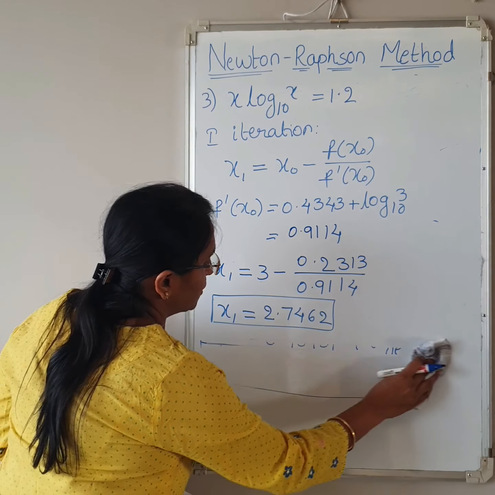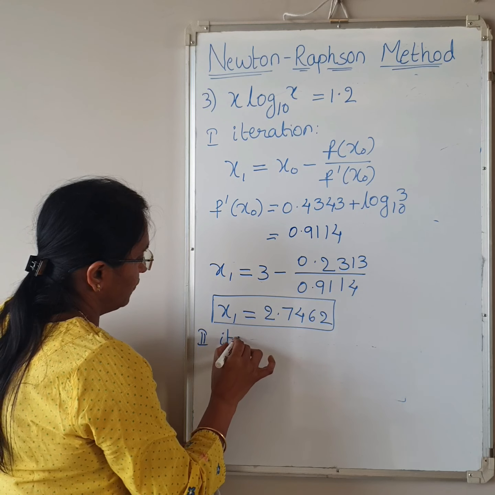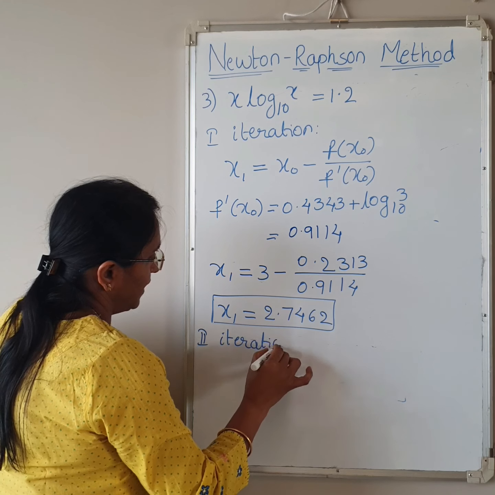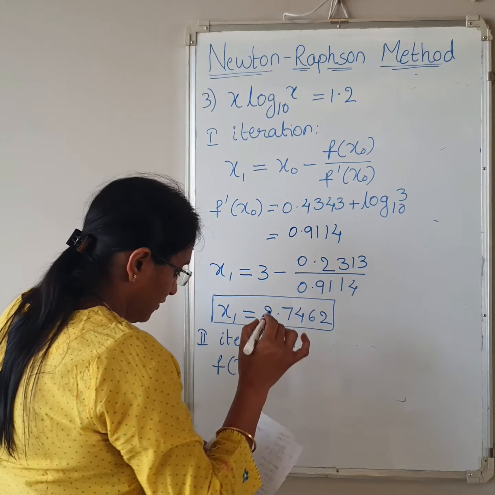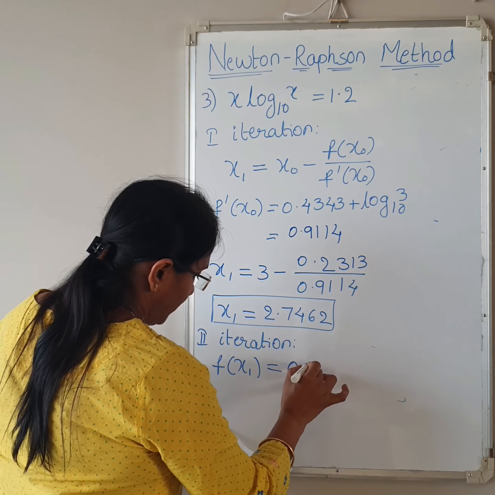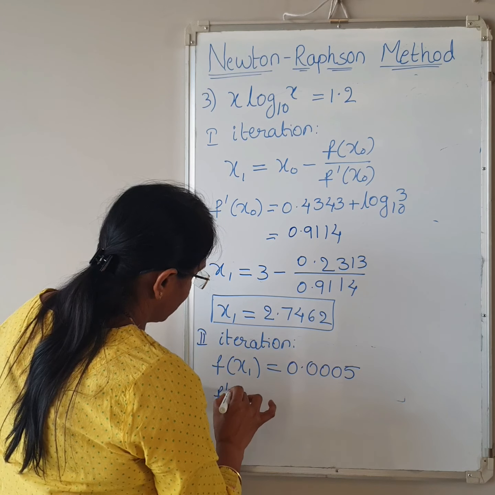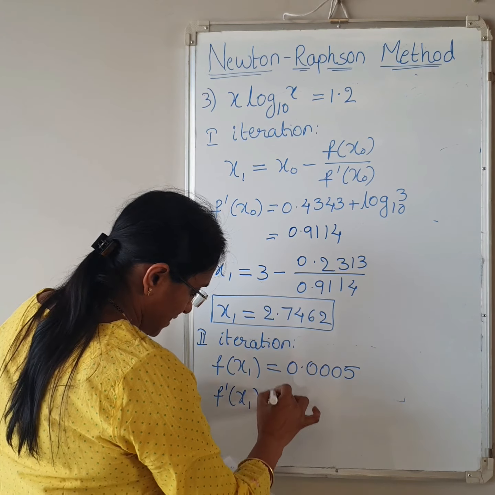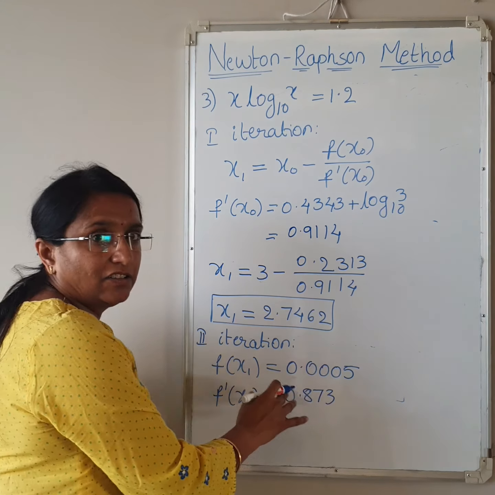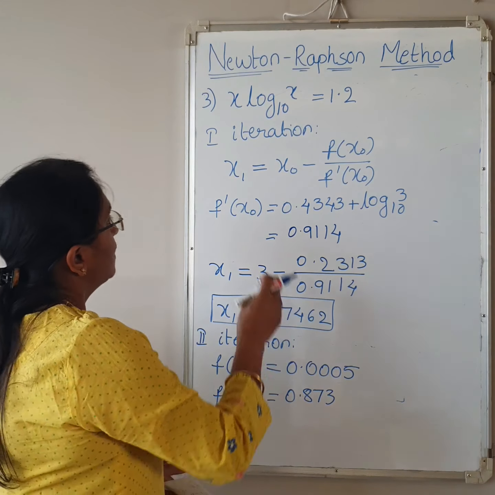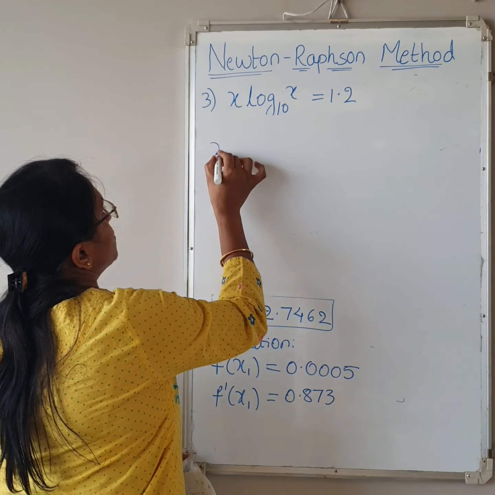Let us take the second iteration. To find the second iteration, find out f of x1 and f dash x1. So f of x1 is equal to 0.0005. f dash of x1 is equal to 0.873.